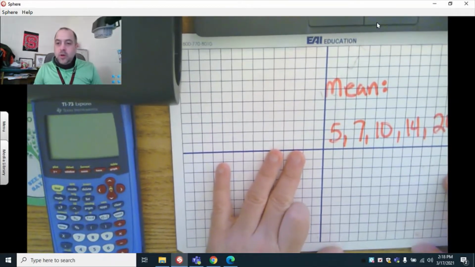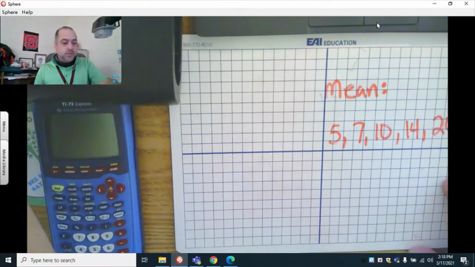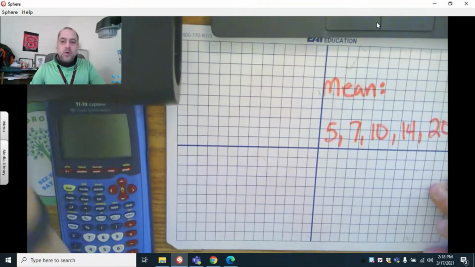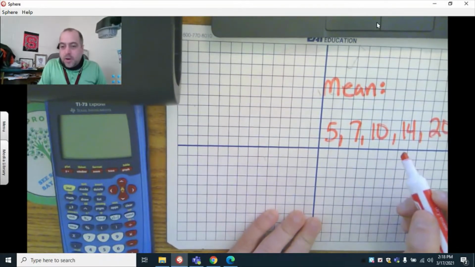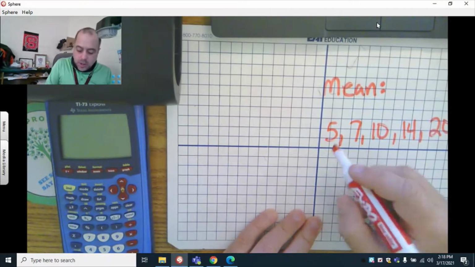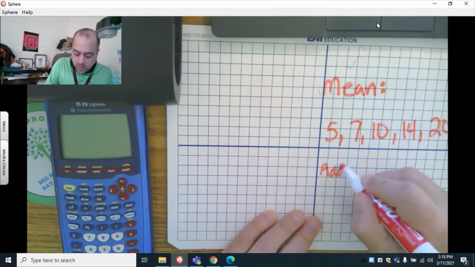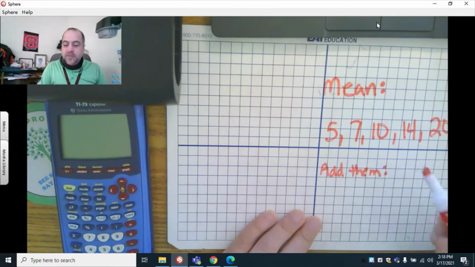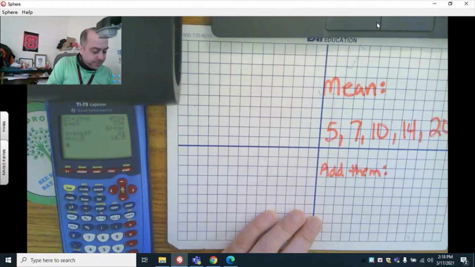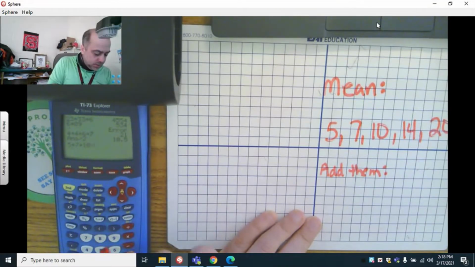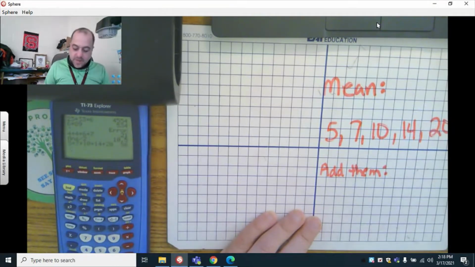So we're going to take these 5 numbers and find the mean. It's like finding the average. All right? So what you do, you add them up. Let's do 5 plus 7 plus 10 plus 14 plus 20, and that's 56.